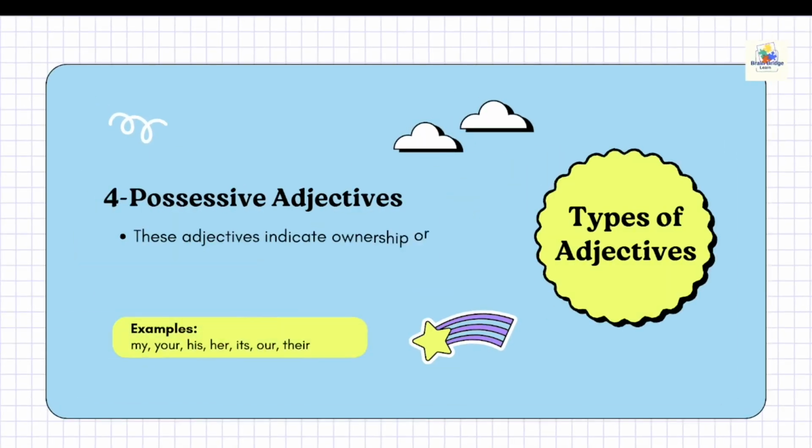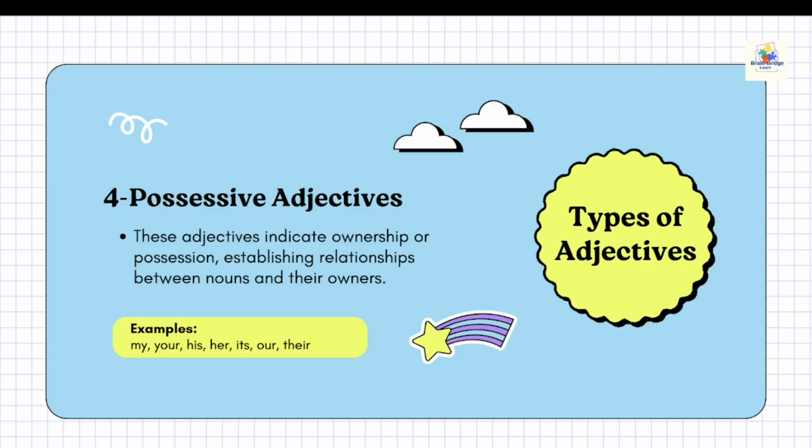Now let's move on to possessive adjectives. These adjectives indicate ownership or possession, establishing a relationship between nouns and their owners. Examples are my, your, his, her, its, our, their.